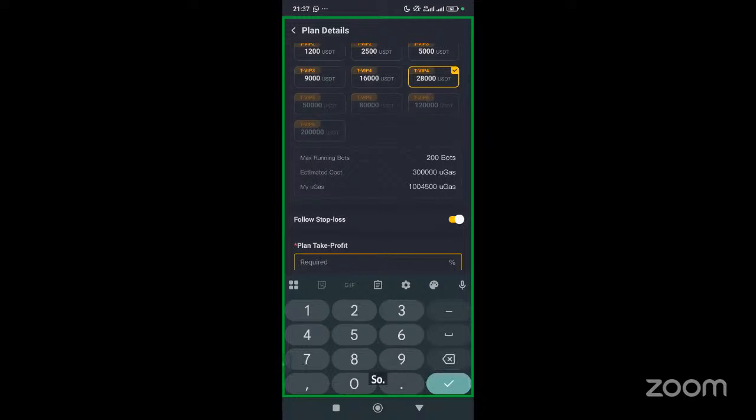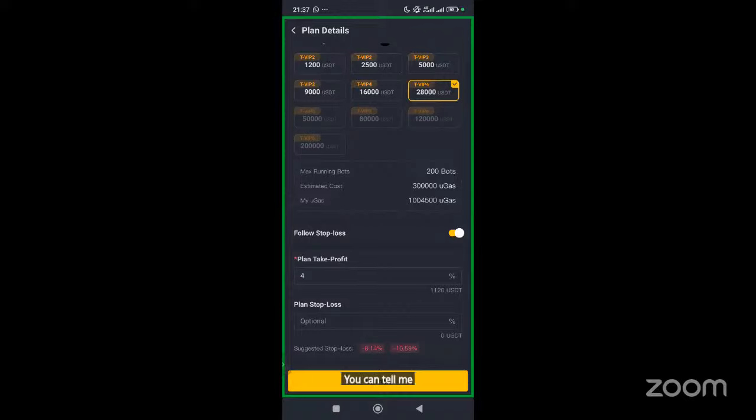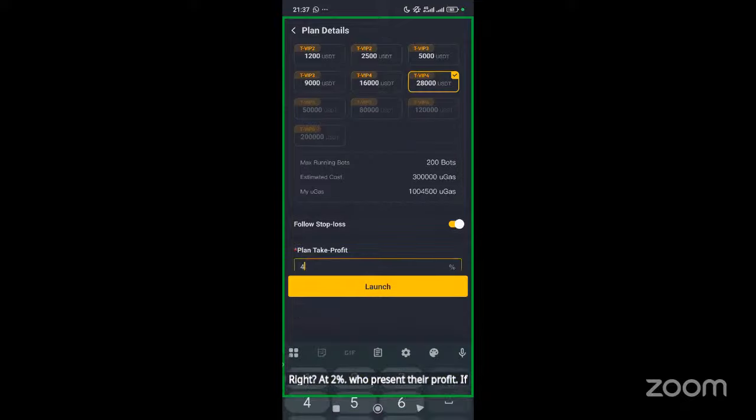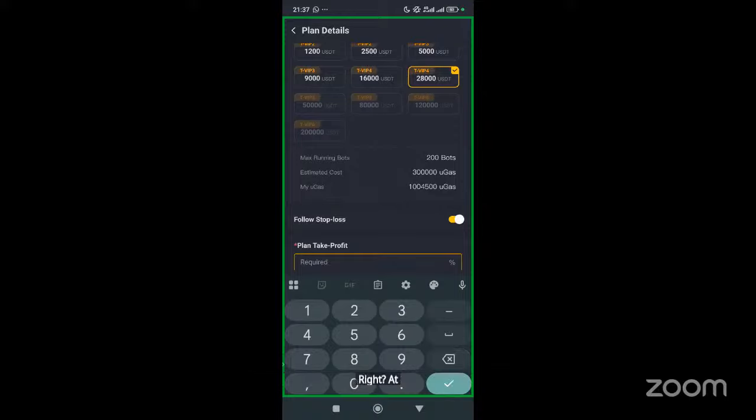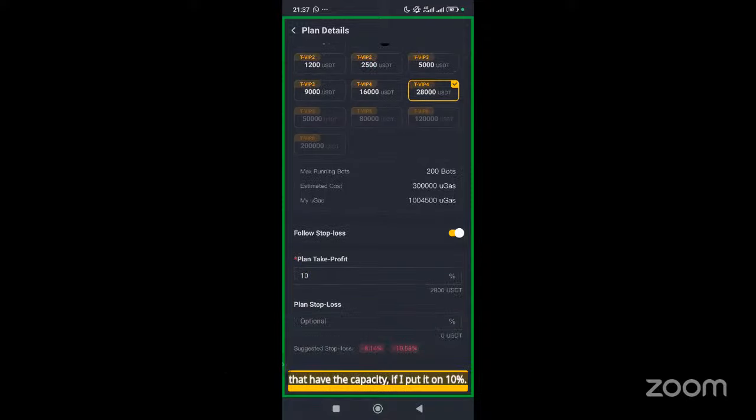If I put it at 4%, it tells me it's going to generate $1,120 for me if this trade closes at 4%. So you can see how you can go on a trade that has the capacity. If I put it at 10%, which a lot of coins do, 10% up or 10% down, this particular market I'm entering can generate over $2,000.